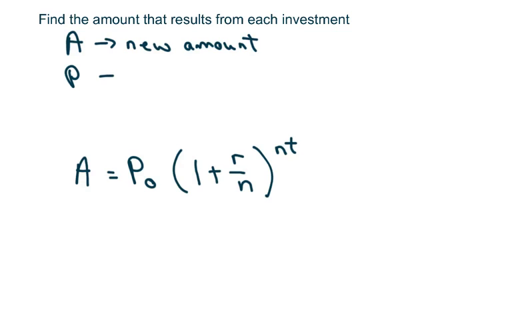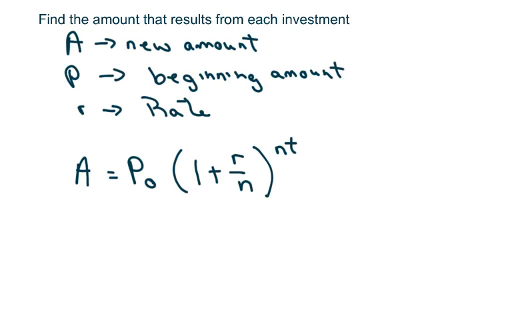P is your initial investment or initial amount, so we'll just put beginning amount. R is your rate, where you change the percent into a decimal. And T equals your time.